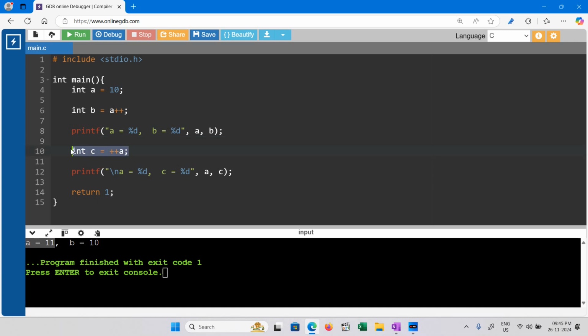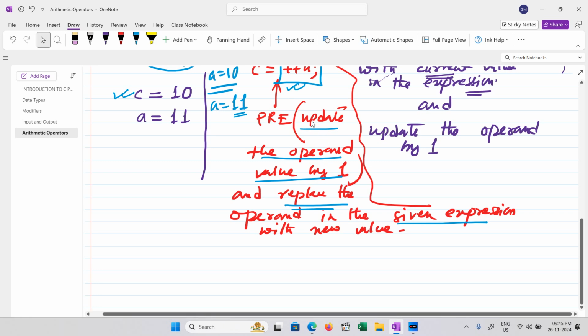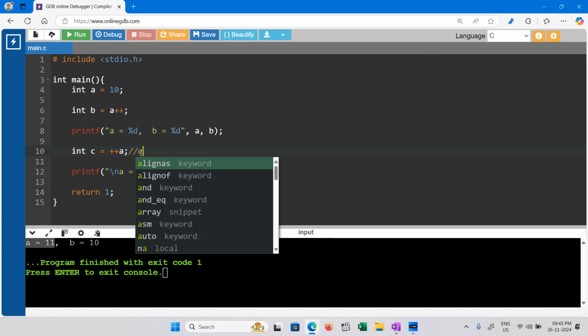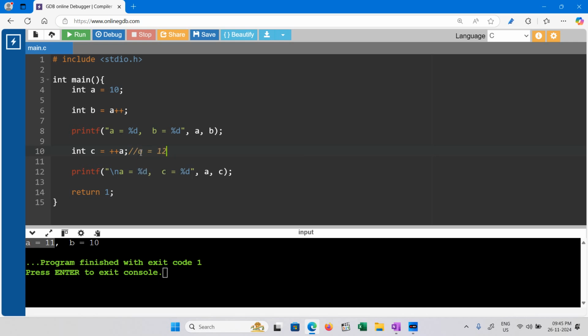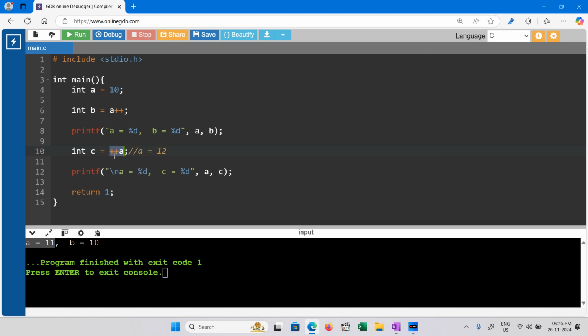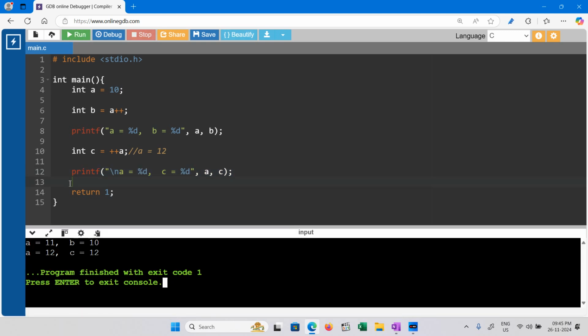Pre tells us to update the operand value by 1, so a will become 12, and then replace the operand in the given expression with the new value. So this expression will be replaced by the compiler with its new value, which is 12. So here c and a both of them get the same value. Clear? Same thing will happen with the decrement.